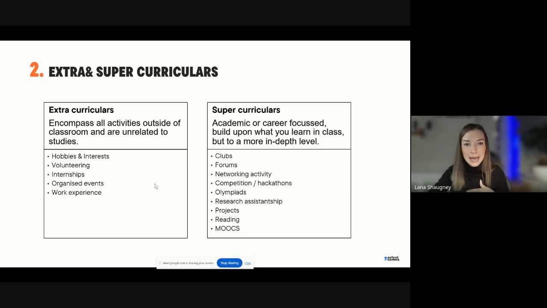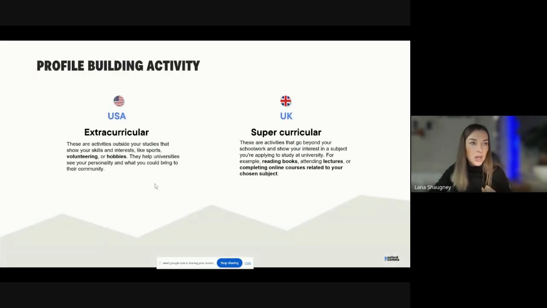It has an academic and a career focus. So it's about clubs, forums, networking activity, Olympiads, different research assistantships and projects. So why is this important? It's really important because knowing where you are applying matters. Is it US? Is it UK? Is it another country, or a university within these countries?